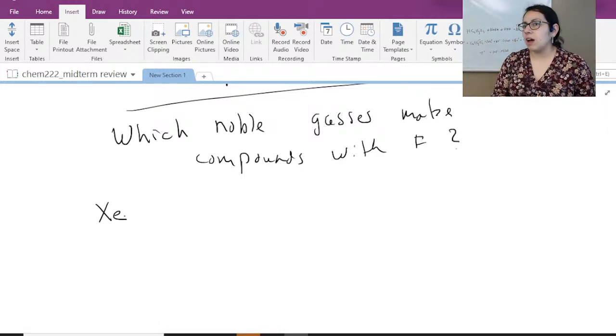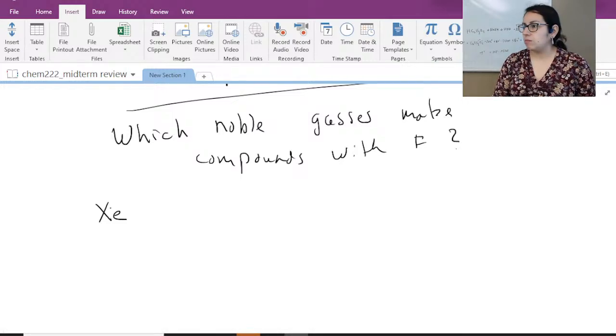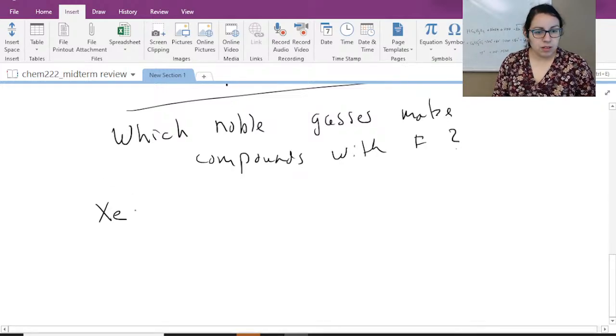There might be one with iodine, like IF3. But do we remember what the 2 xenon fluoride compounds were? XeF4 and then XeF2 were the other ones.